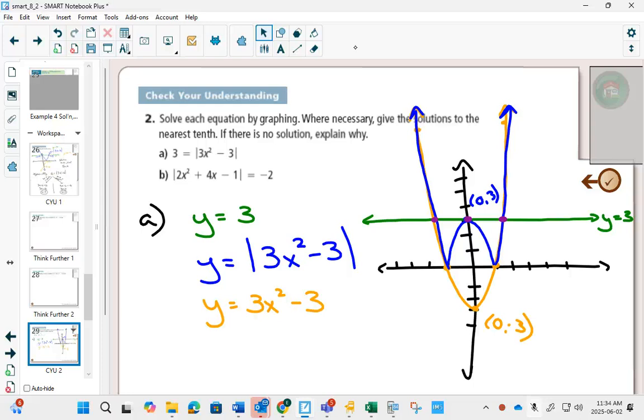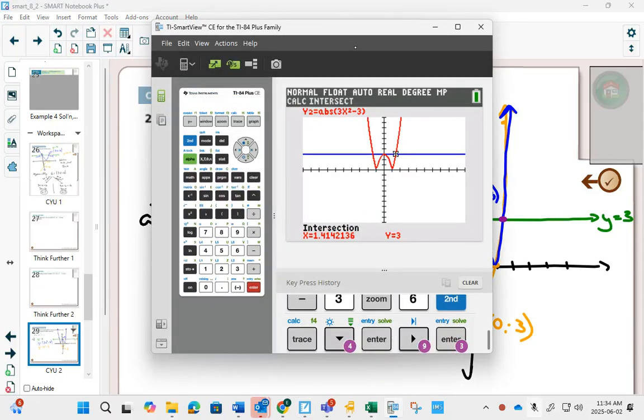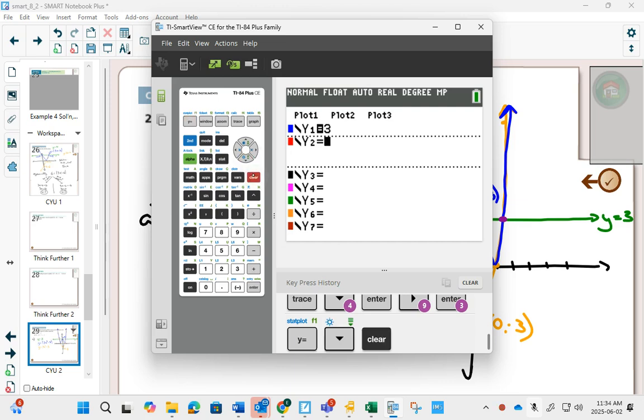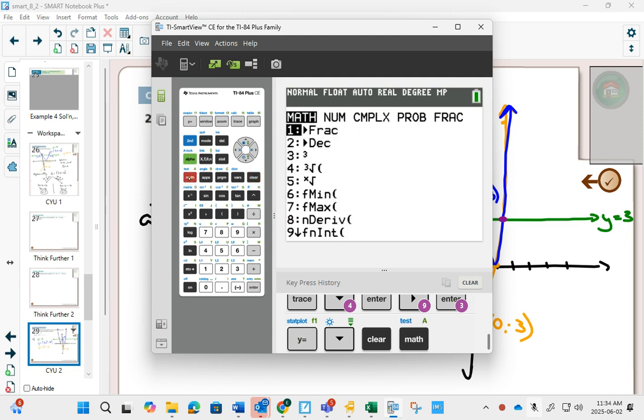So what I'm going to need to do is go to my graphing calculator and type it in. And I'm going to show you how to type in the second one. Those of you that have a graphing calculator, do you know where the absolute value bars are? You have to hit the math button and then go over to number.